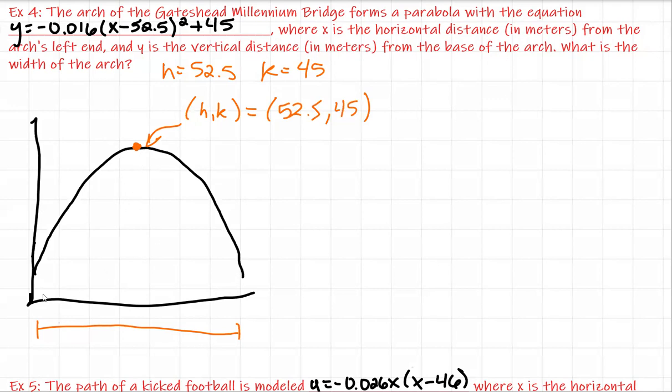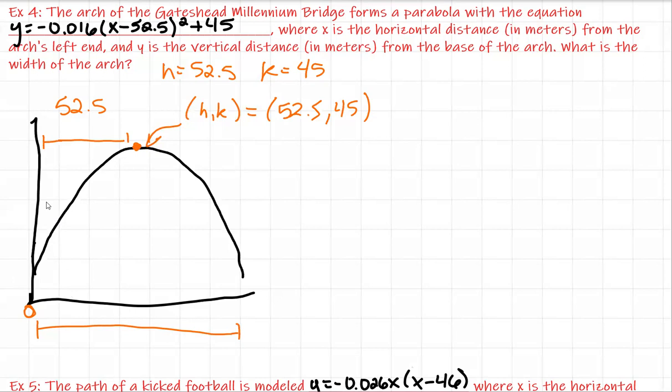So if I want to find the distance from one end to the other, well, if this x value is 52.5, then this distance right here is 52.5, because x is the distance from the arch's left end. When we're at the arch's left end, we're at 0. That's why the left end is all the way at the x equals 0 mark.